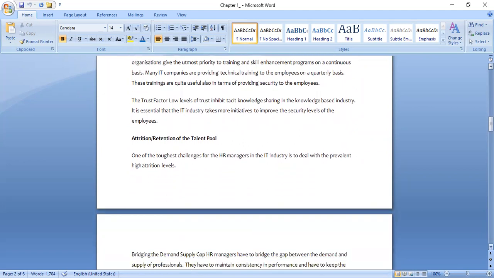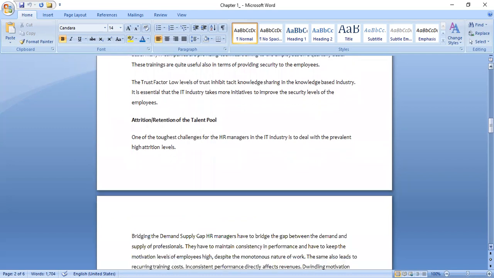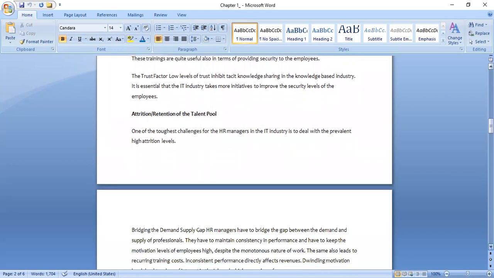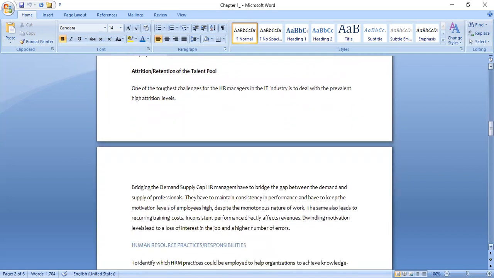Then it also involves attrition or retention of the talent pool. After you have recruited these individuals into your organization, you have to also ensure that you retain them, and also that you build their talents, right?